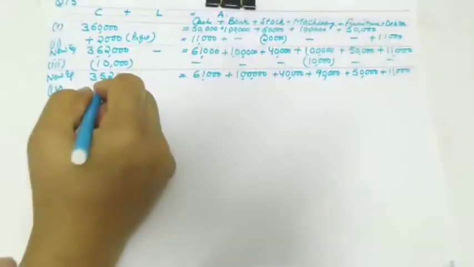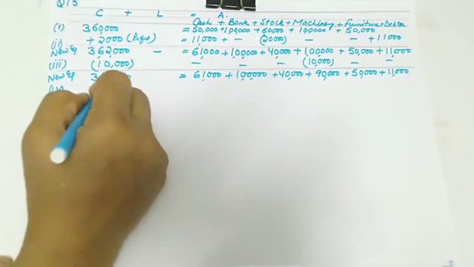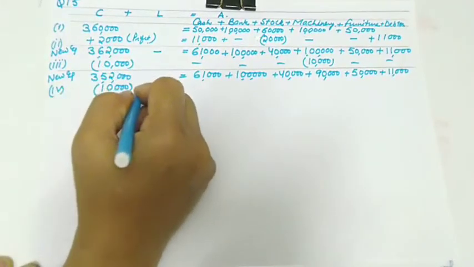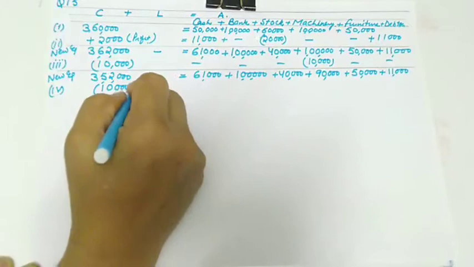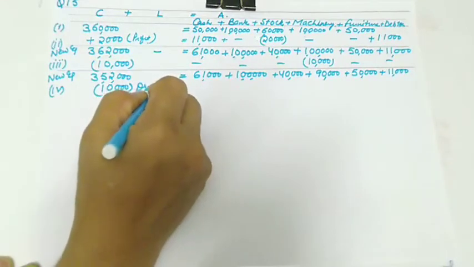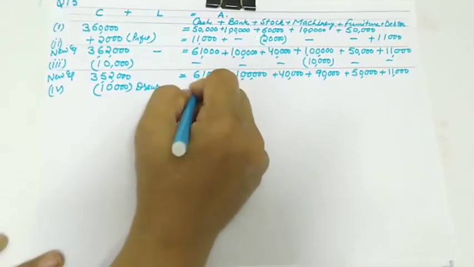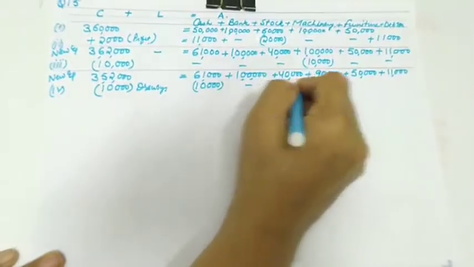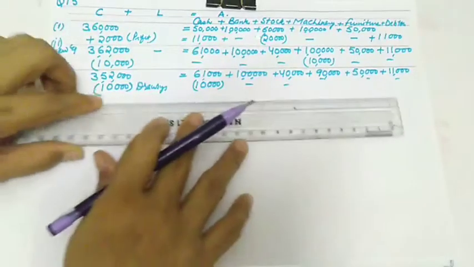When you are withdrawing cash for personal use, these are your drawings. So 10,000 will be deducted from the capital again as drawings, and 10,000 from the cash, and no change in any other item.